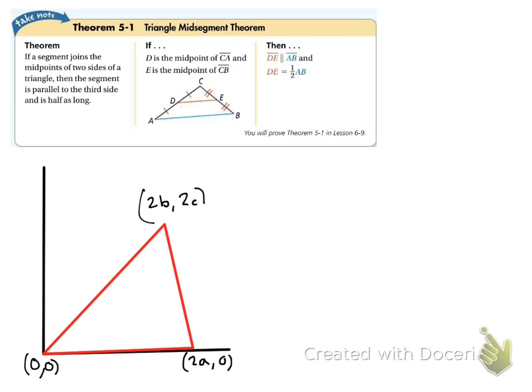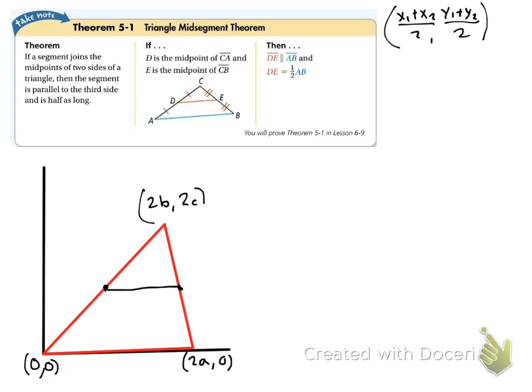So then I'm going to draw in my mid-segment. Let's say the midpoint's about there, and it's about there maybe. So there's my mid-segment. It's a little rough. I need to figure out what those coordinates are. So I can use my midpoint formula, which, if you don't remember, is x1 plus x2 over 2, comma, y1 plus y2 over 2.